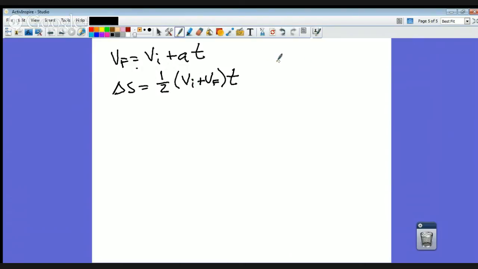And remember, all of these are for constant acceleration only. Later on, we'll learn ways that you can deal with problems when there isn't constant acceleration. But for right now, we only really look at problems where the acceleration is constant.